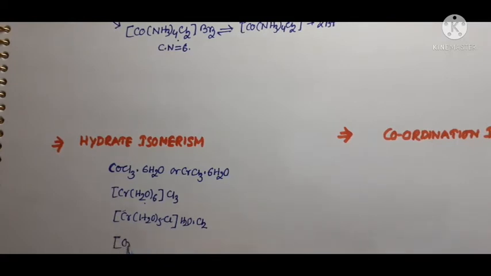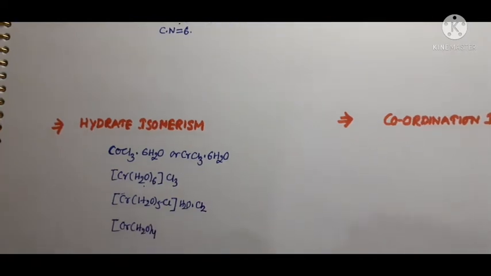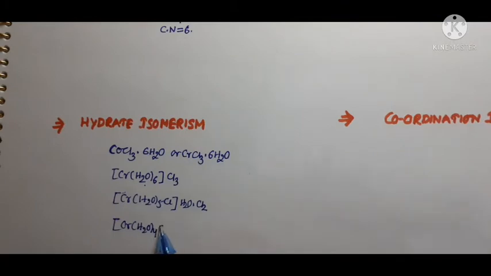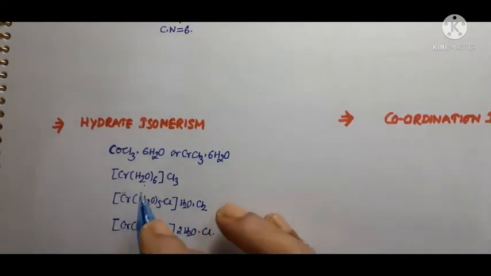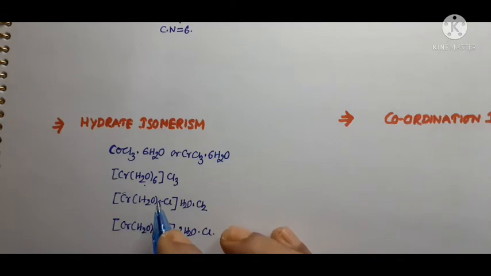And the last one, [Cr(H2O)4Cl2], 2 chlorine come inside the coordination sphere, and 2 molecules of water reside outside of the coordination sphere with 1 chlorine atom. So in the above examples, we can see that the water molecules inside and outside of the coordination sphere are different.